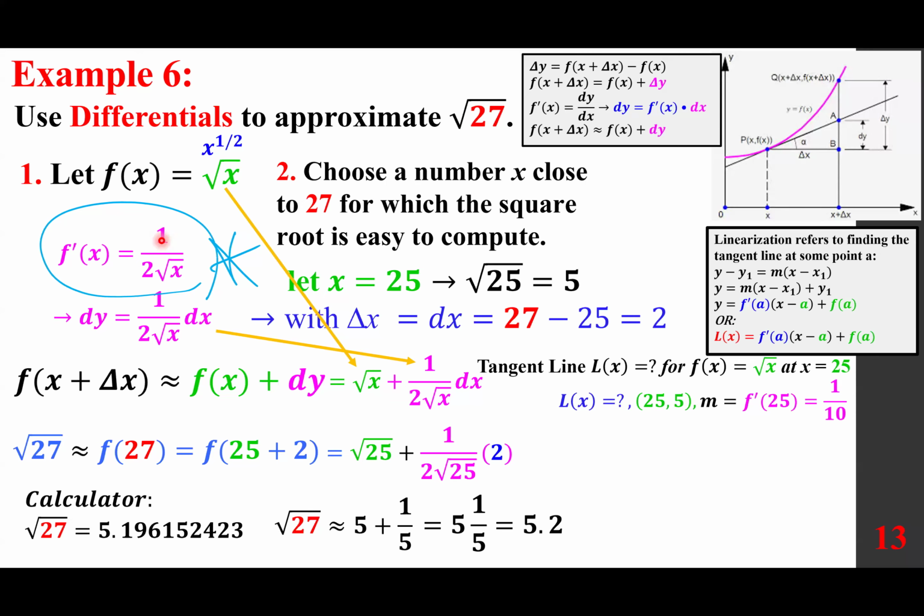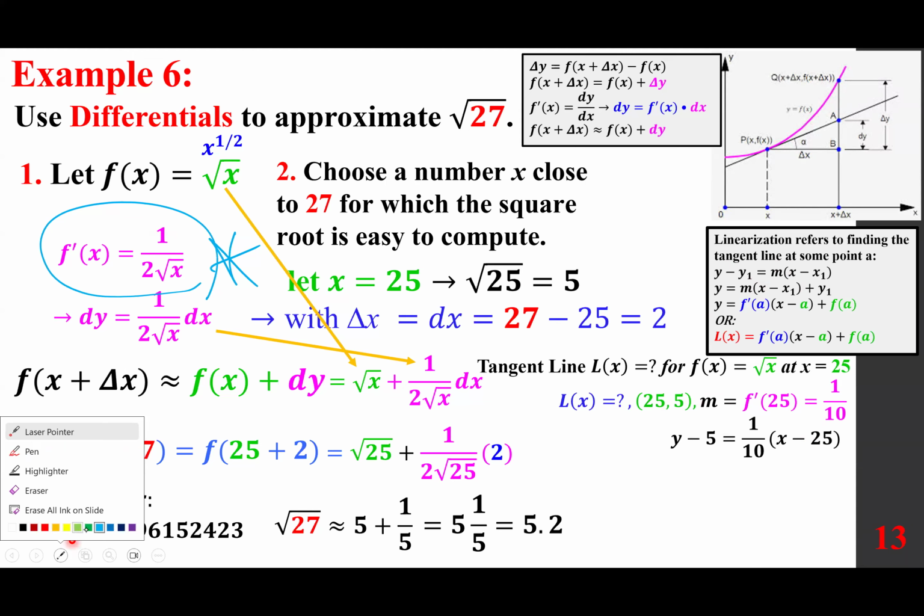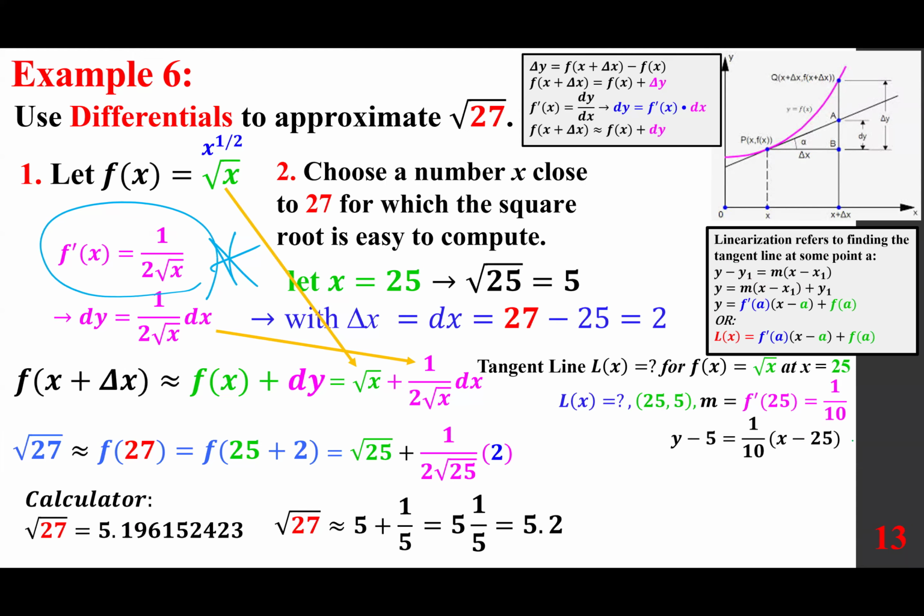Y minus y1, y minus 5 equals m1 over 10, x minus x of 1, x minus 25. So when we distribute over here, we get 1 over 10 times x minus 25 over 10.